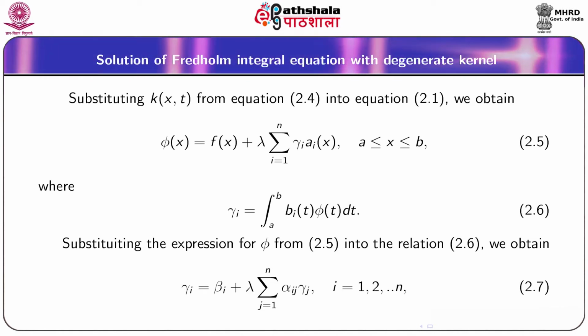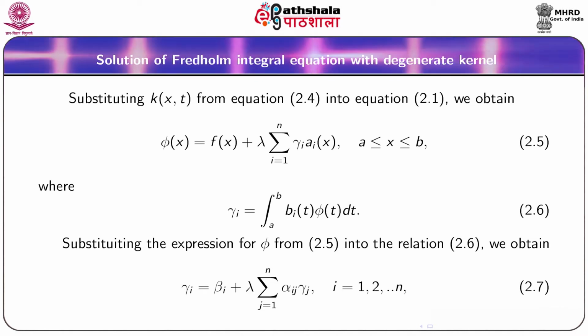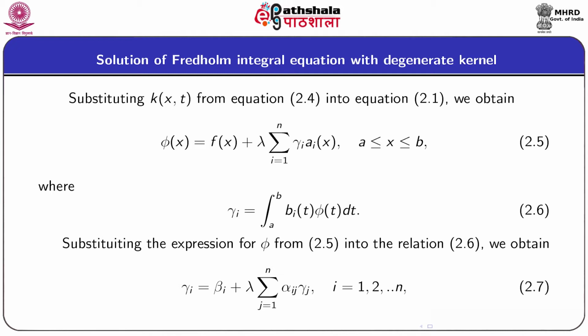If these unknown constants gamma_i can be determined somehow, then the solution of integral equation phi(x), which involves these unknown constants gamma_i in equation 2.5, can be known. So we are now to determine gamma_i.